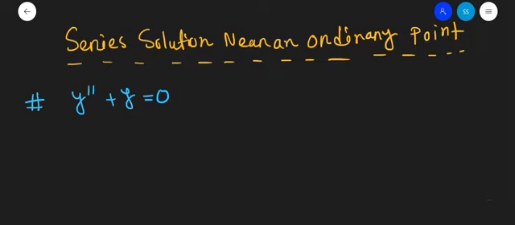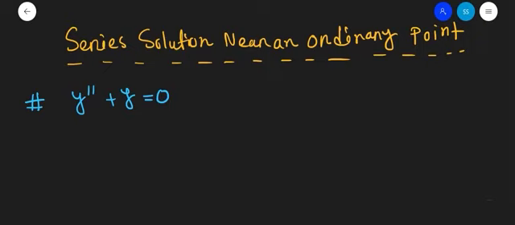The most general form of this power series will be something like this: sum of a n times t minus t naught to the power n. And here this t naught is just 0 because we want a solution around t equals 0. So in our case this will simplify to the sum from n equals 0 to infinity of a n t to the power n.